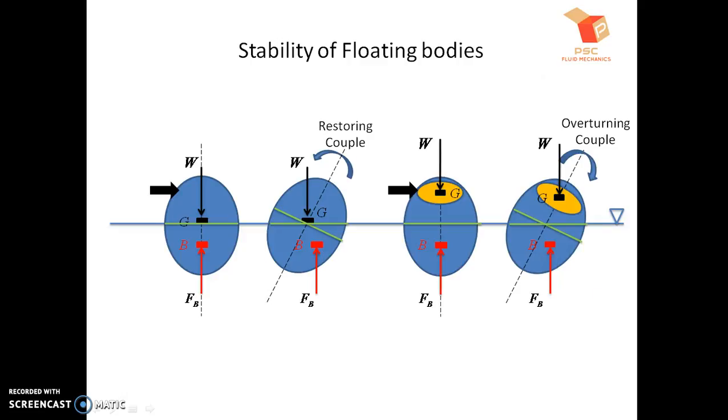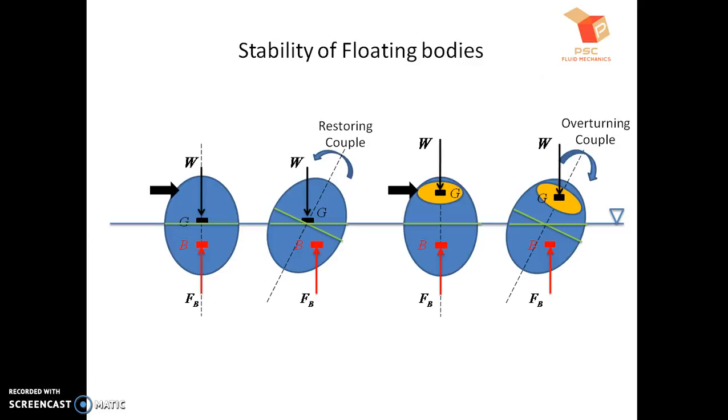So it can be concluded that the relative positions of B and G will not tell us whether the body will be in stable or unstable equilibrium. There should be something else with the use of which we can determine whether the floating body is in equilibrium or not.